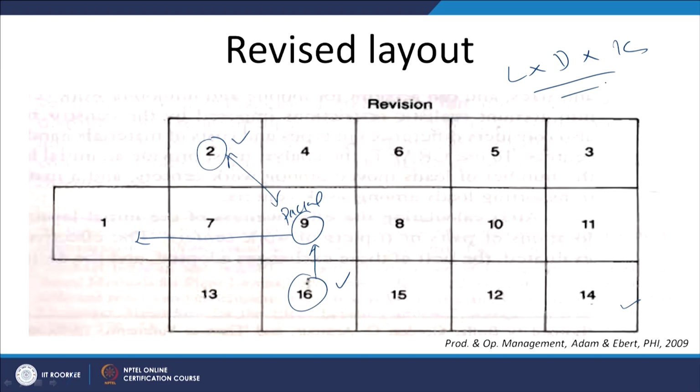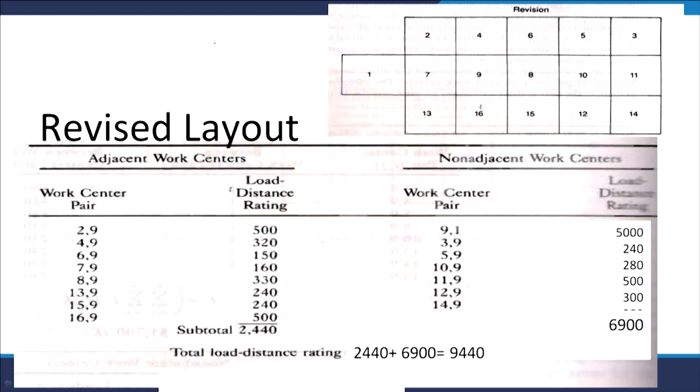To see the effectiveness of the revised layout, again we have to determine the load into distance into cost consideration in the revised situation. Here is the revised layout. The 2, 9 and 16 and one shipping area were causing the high cost.